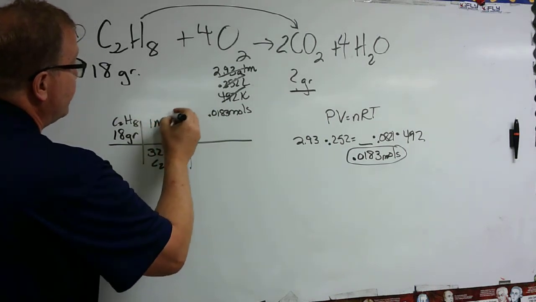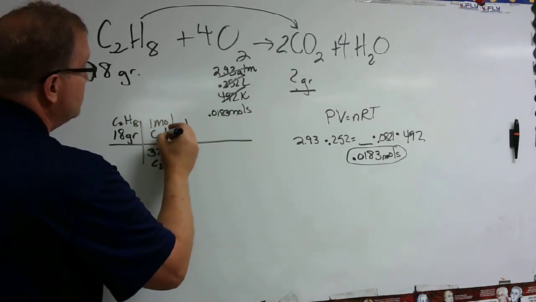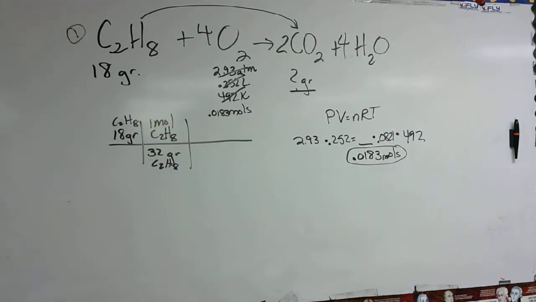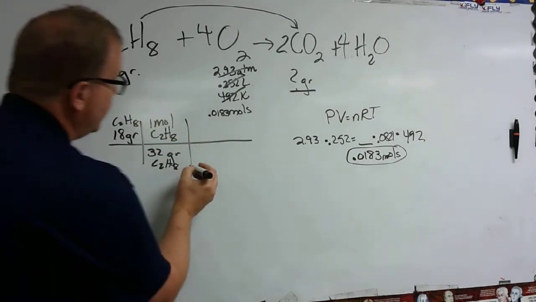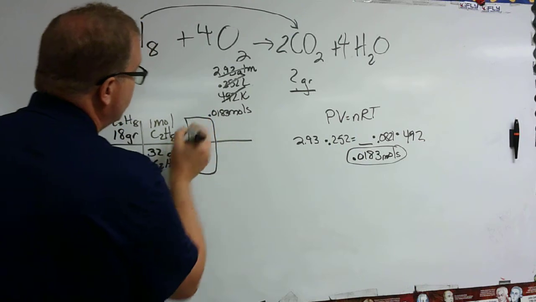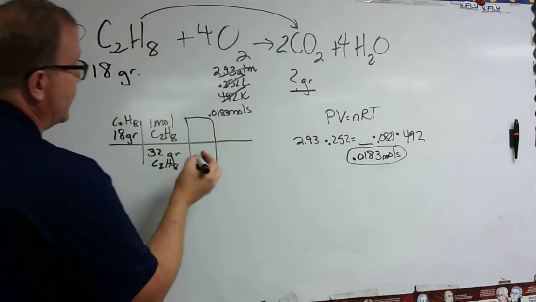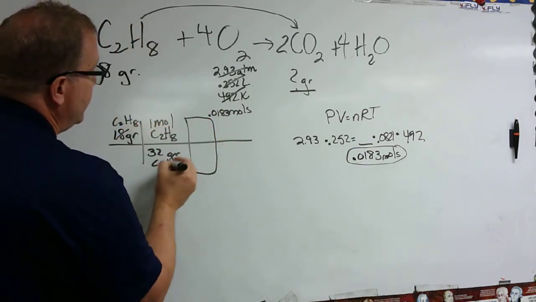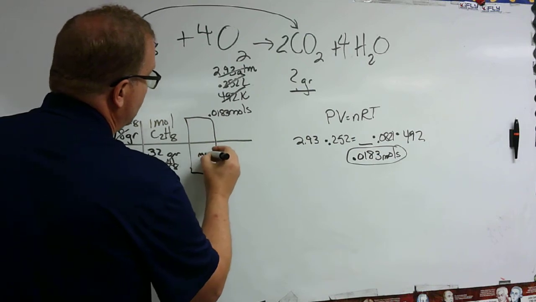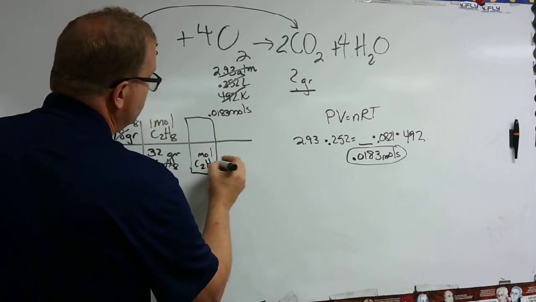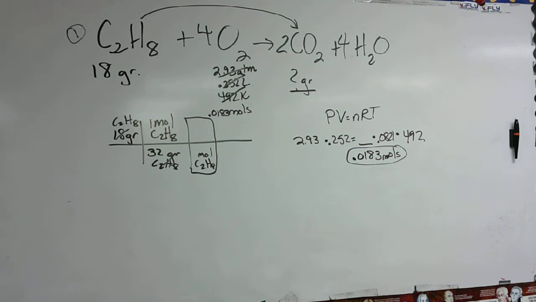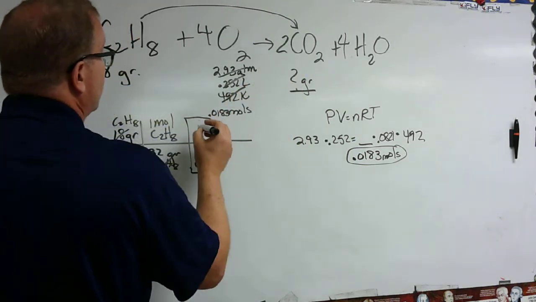And of course the big one's at the top. Then I'm going to go over to here. Now I'm at the mole box. I've got to still follow pattern and go mole of C2H6. I'm canceling.